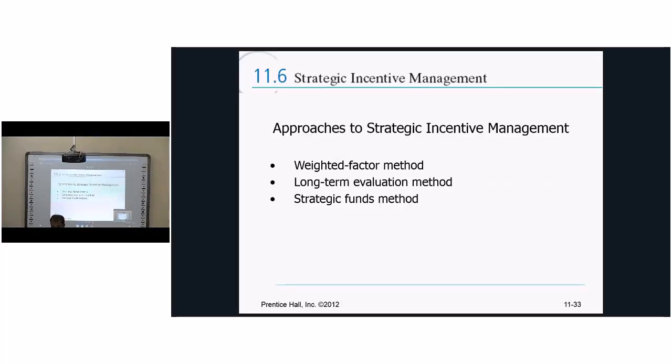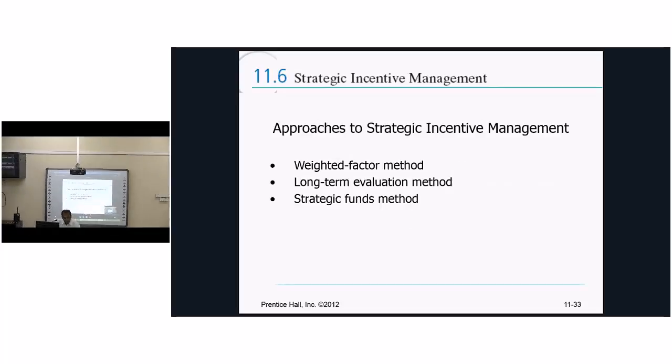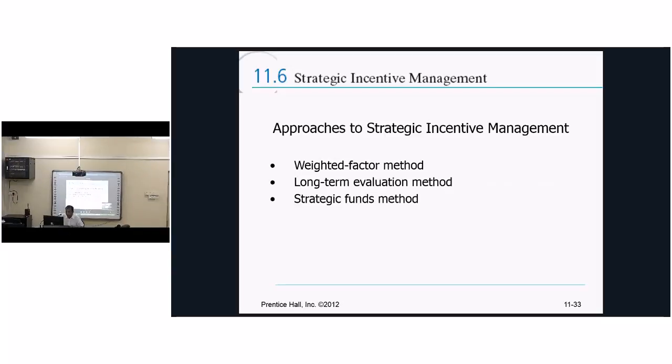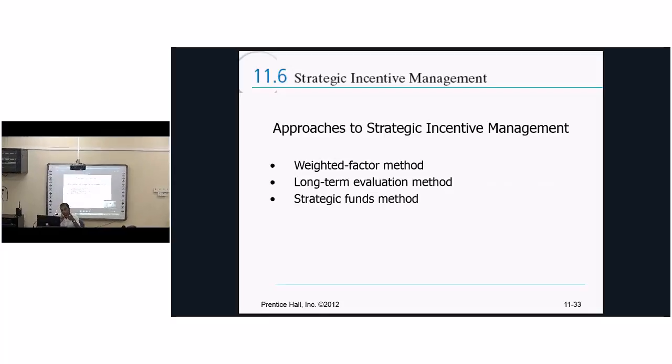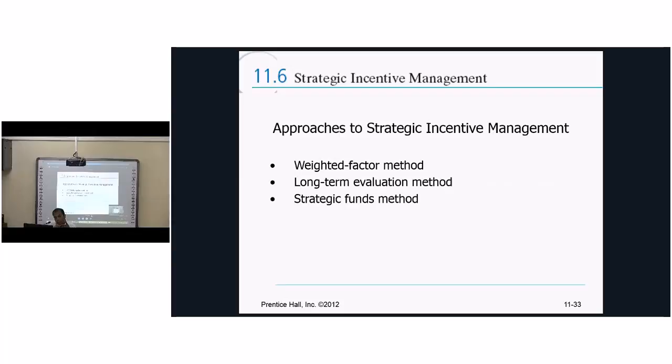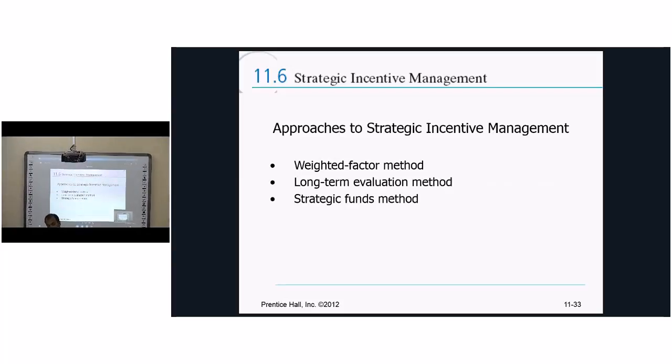So there are different ways of managing incentives. One is the weighted factor method. When you have multiple objectives, you allocate weightages. For example, if you are measuring the performance of a salesperson, two factors you can consider are sales growth as well as his collection. You may decide to give 60% to sales and 40% to credit collection.